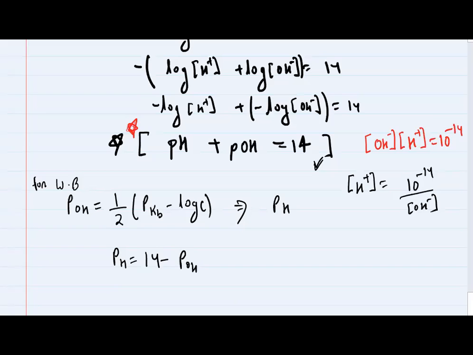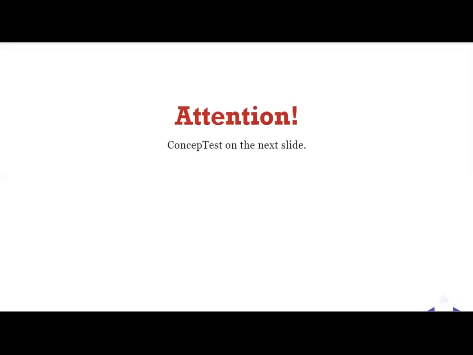We will solve some problems, but before that, let's have some concept test. Let's see how much you have understood. Ready, everyone?